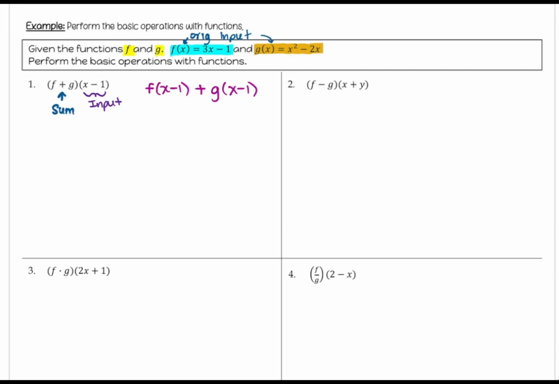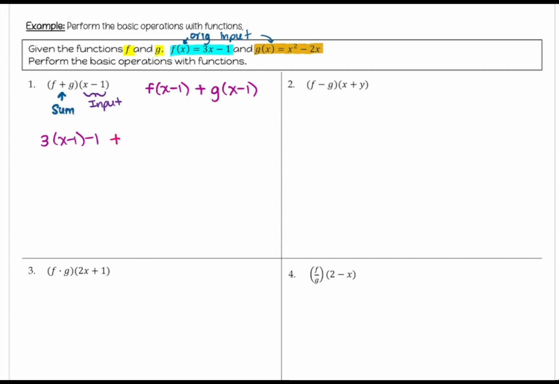So what we are going to do is what we did in the previous lesson, but we're doing two different functions in one shot. So what we are going to start off doing is look at the f function, input the x minus 1 piece. So my function is 3 times the input minus 1. And what we are going to do to that is add the g function.